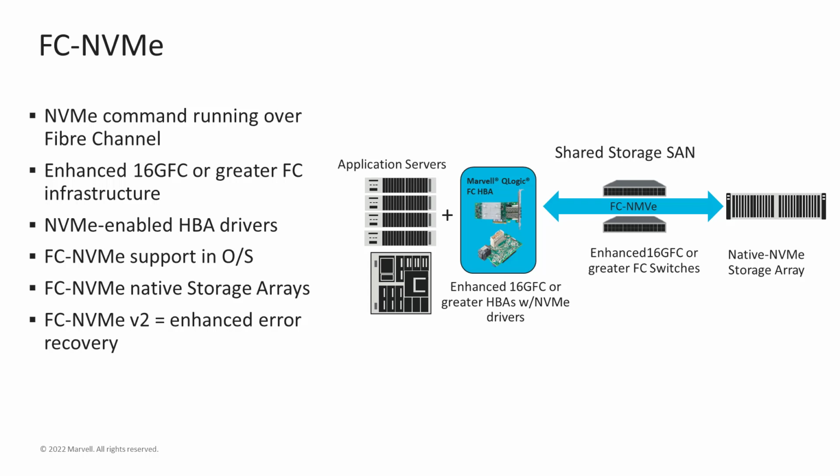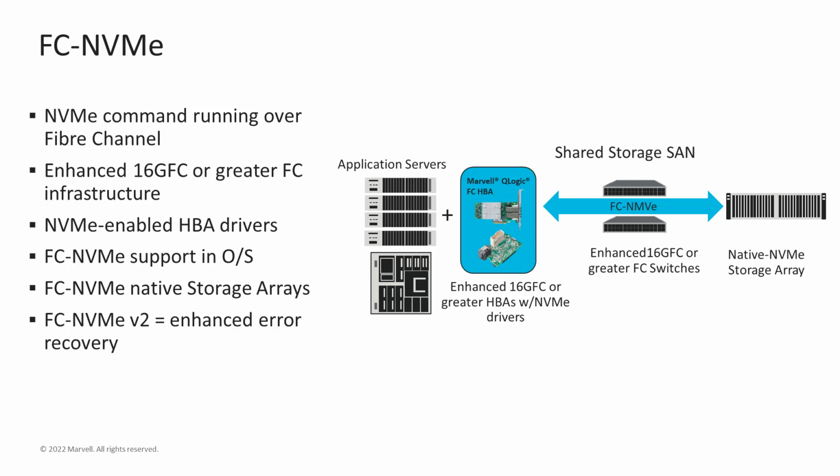For support of FC-NVMe, the FC fabric must be made up of 16 gigabit enhanced Fibre Channel or later generation Fibre Channel components. That includes HBAs, switches, and the target array adapters. It's the 16 gig enhanced point in the Fibre Channel roadmap where support for NVMe came into being.